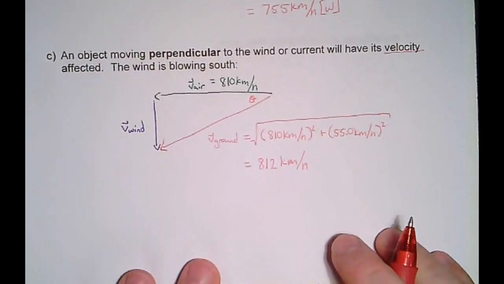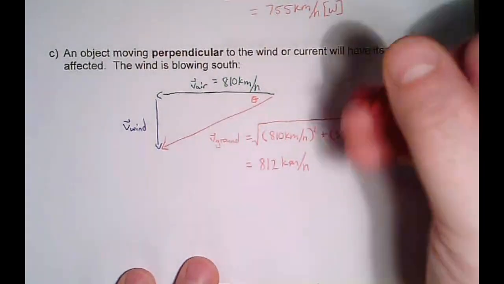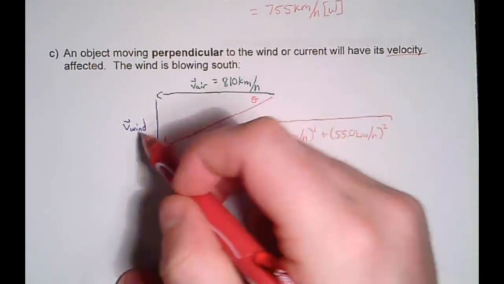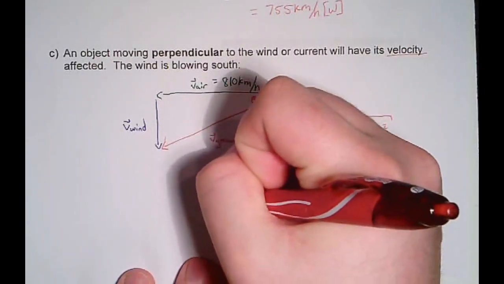So, to find our direction, we will use what's given to us again, not what we're calculating. So in this example, once again, we're using tangent.